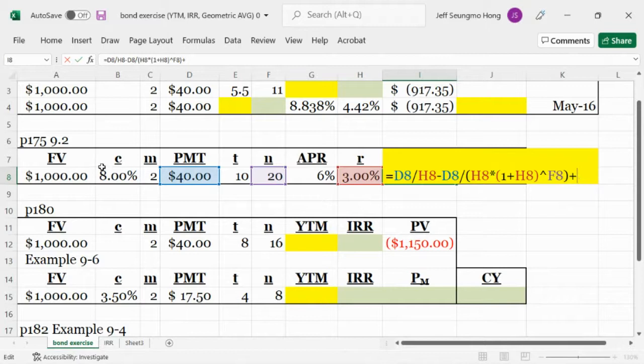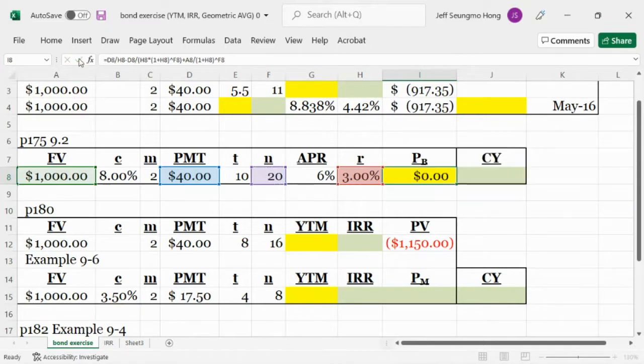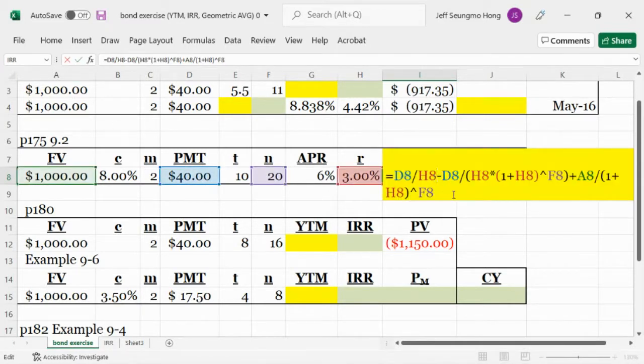So plus the face value over (1 plus R) to the N. And there you go. Oh, something's not right. Where did I go wrong?